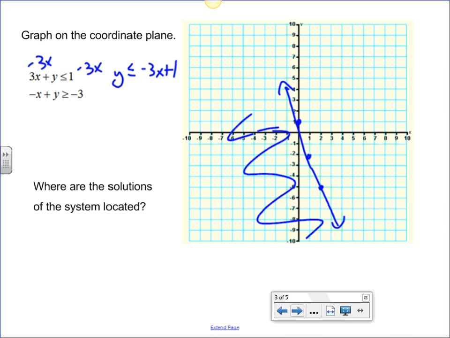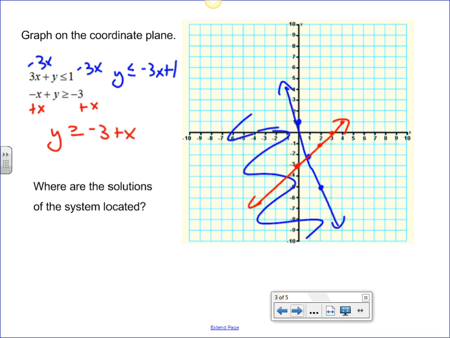Okay? Now I come back to the second inequality. So for this one, I'd have to add an x. So I'd have y is greater than or equal to negative 3 plus x. So my y-intercept is negative 3. I have a slope of 1, so I go up 1 over 1. And I'd have this line. And once again, it's going to be solid, since there's an equal to with it.